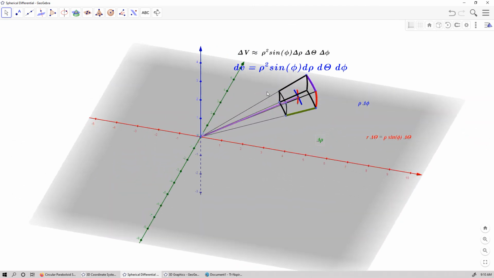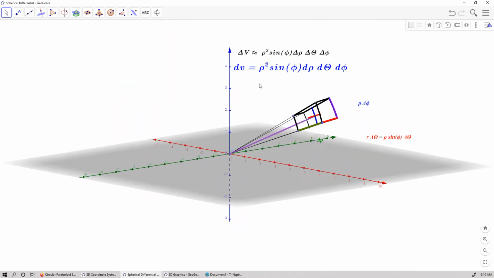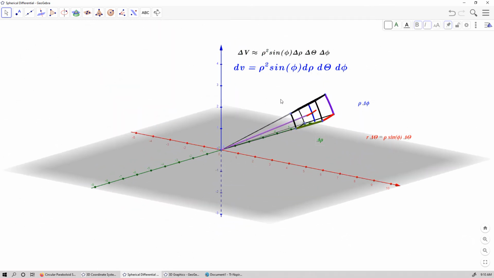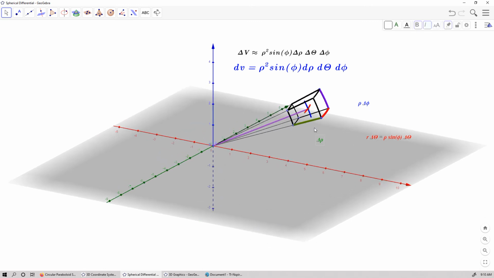So hopefully moving this around gives you a little bit better feel for what that thing looks like. But at least as an approximation, that is roughly delta rho. That side's roughly rho delta phi. This is r delta theta, or rho sine phi delta theta. So in any event, we get dV is rho squared sine of phi d rho d theta d phi.